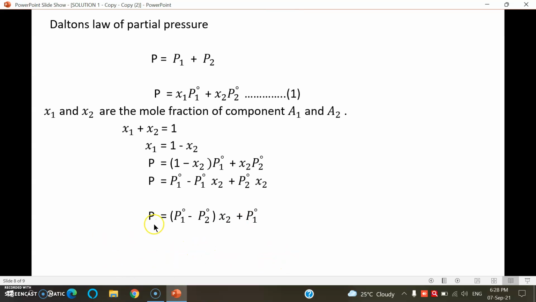So this is the total vapor pressure exerted by the liquid phase component.